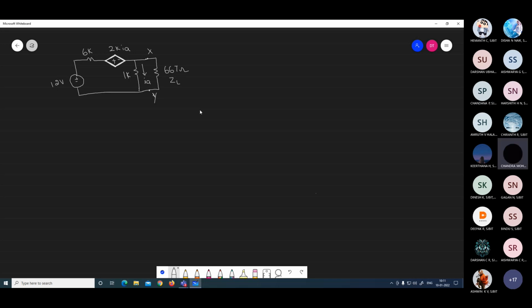Chandramohan Reddy, present, sir. Chirag Gowda, present, sir. Chirant, present, sir. Darshan, yes, sir. Deepak Gowda, present, sir. Deepak R, present, sir. Dinesh K, present, sir. Disha, present, sir. Gagan, yes, sir. Ganashri, present, sir.